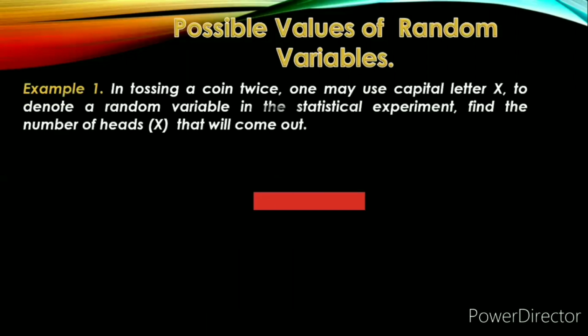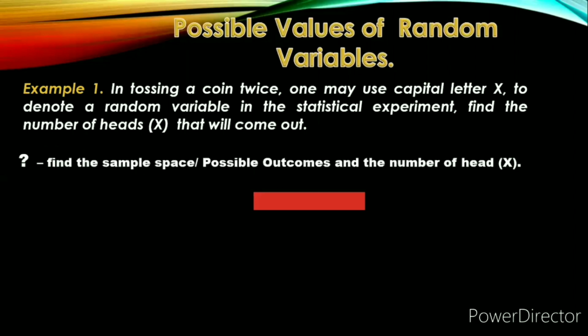Okay, for instance, in tossing a coin twice, one may use capital letter X to denote a random variable in a statistical experiment. Find the number of heads that is referred as X that will come out. Okay, how are we going to solve this one?